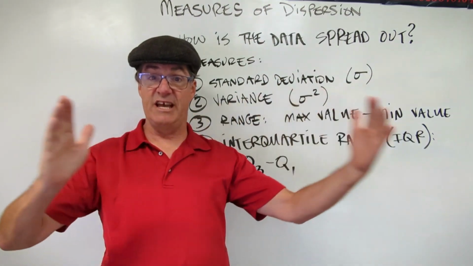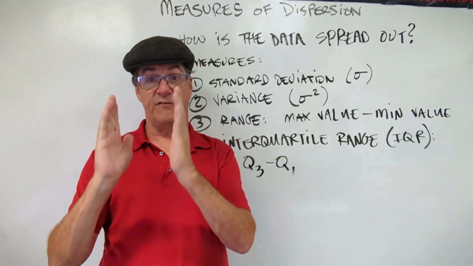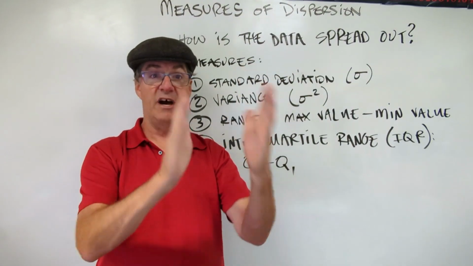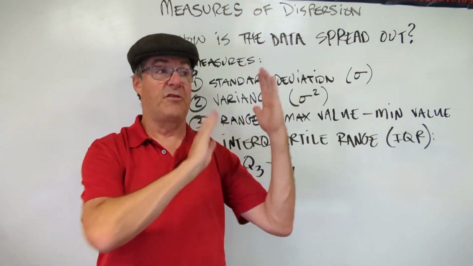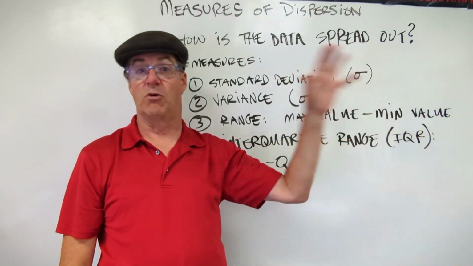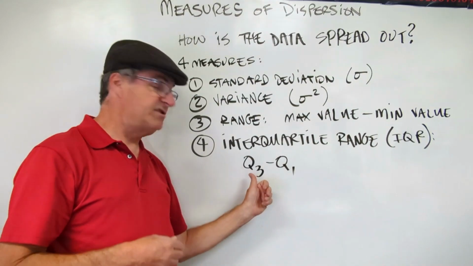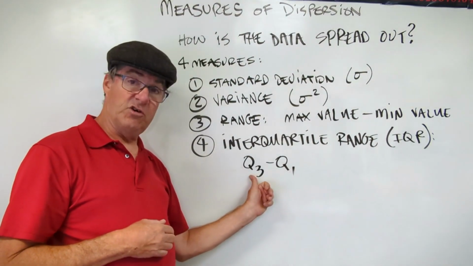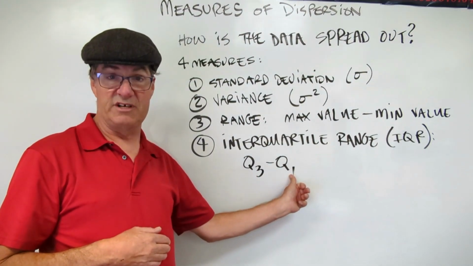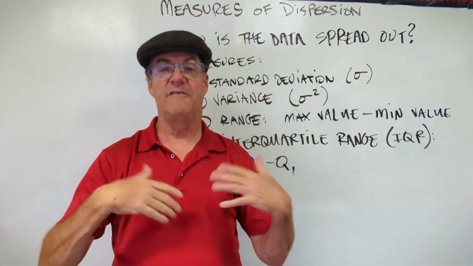You just take your data, organize it in order, and the first quartile is the first 25%, the second quartile is the second 25%, the third quartile is the third 25%, and then the last quartile is the remaining 25%. So the interquartile range is the value of the third quartile minus the first quartile. So it gives you a feeling for the range, but kind of like in the middle of the data.